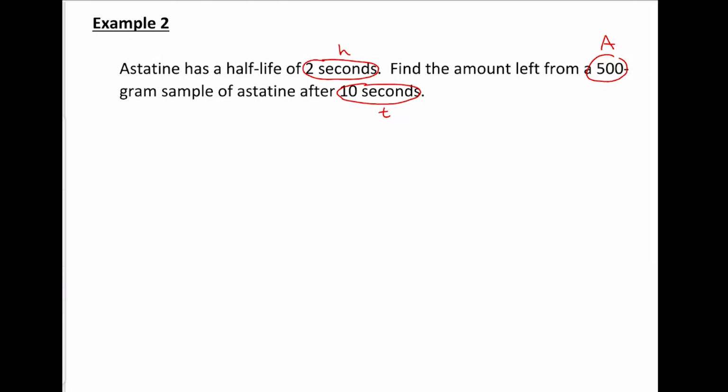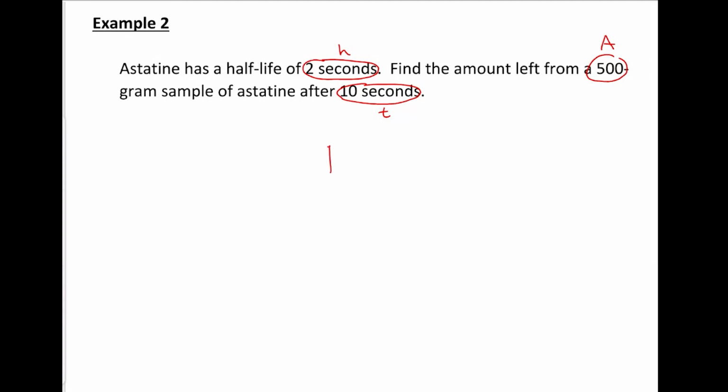So if we're thinking about how that formula is going to play out, 10 seconds go by. Each half-life is 2 seconds. So the number of half-lives that occur would be 10 divided by 2, which is 5. Right? And we're going to see that happen in the exponent.